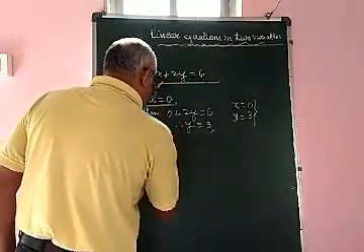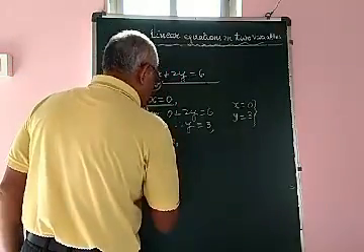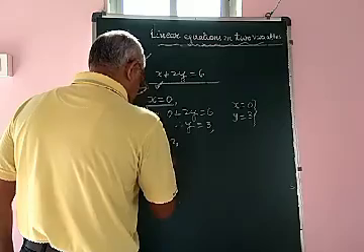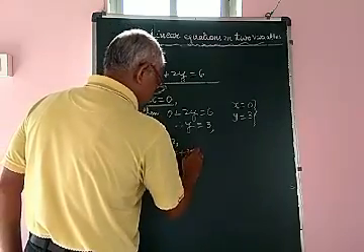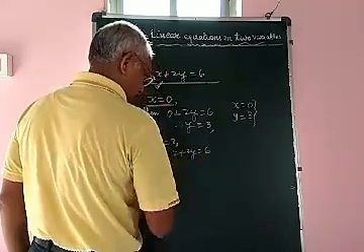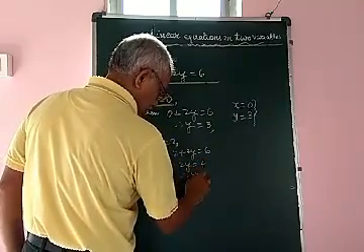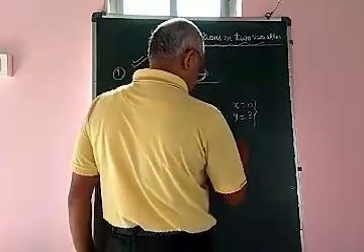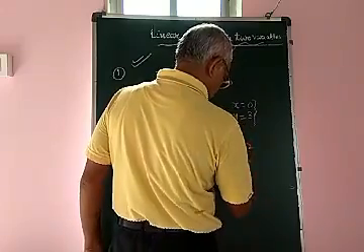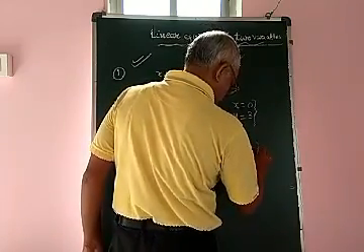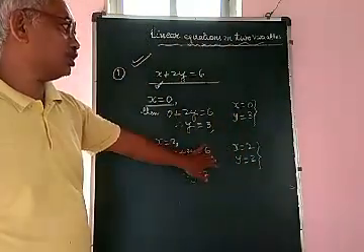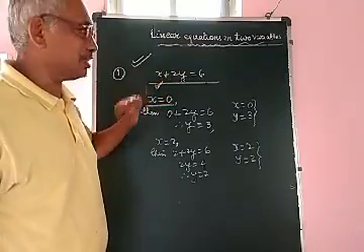Now put x is equal to 2, and then 2 plus 2y is equal to 6, and 2y is equal to 4. Therefore, y is equal to 2. So x is equal to 2 and y is equal to 2 is also a solution of this equation.